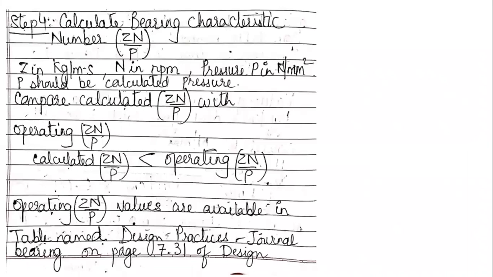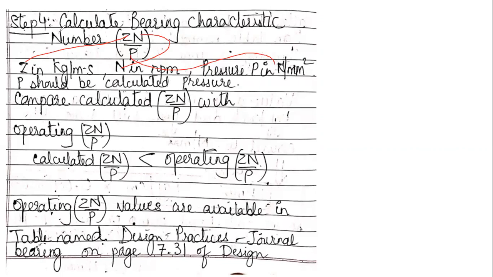Moving on to our fourth step. You have to calculate Zn by P, that is bearing characteristic number. Z is in kg per meter second, N is in RPM, and pressure is in Newton per mm square. Right?